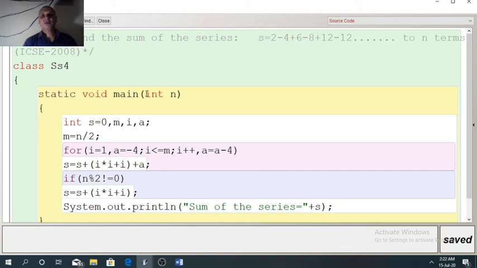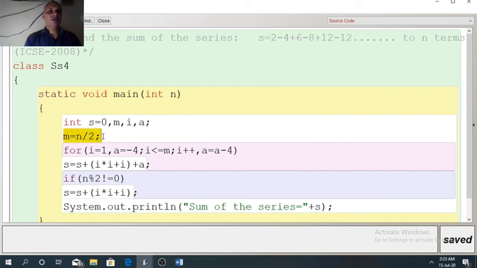Since it is a combination of two series, first take the elements of the series, that is n. S equal to 0, S will store the sum of the series. M. Here we don't need to control the loop n times. Actually we will divide n by 2 and that value we will store in M.